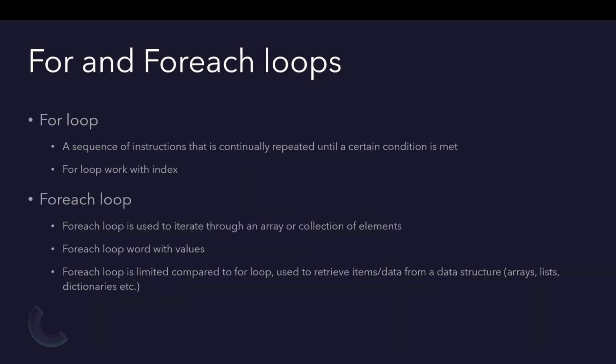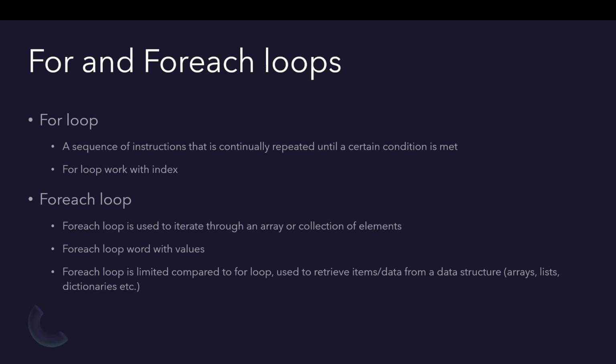So for loop is comparatively more powerful than for each loop. For loop has quite a number of features, like adding and removing elements from a data structure like an array or list or dictionary. While for each loop is only used to retrieve items from a collection like an array or list or dictionary.